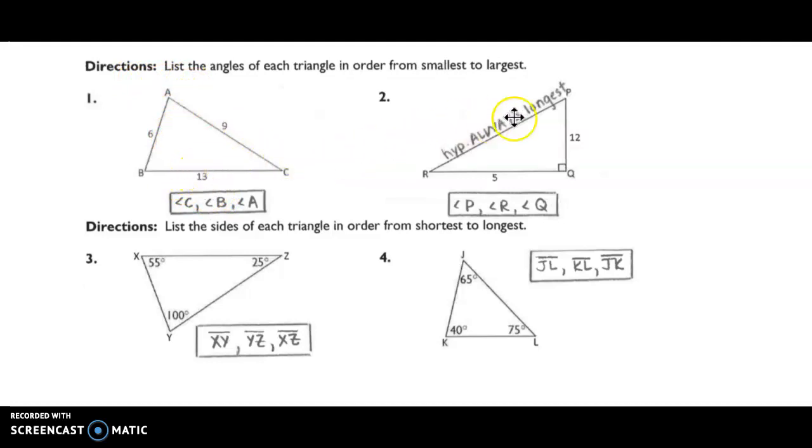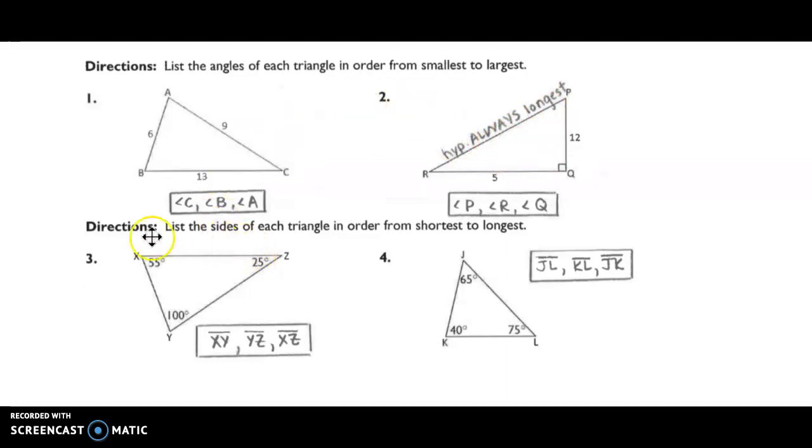That's why in a right triangle, the hypotenuse is always the longest side, because it's always across from 90 degrees, the largest angle in a right triangle. We know that the other two angles are always going to be smaller than 90 degrees. Now, obviously you might have an obtuse triangle, but for a right triangle, that's why the hypotenuse is always the longest side.